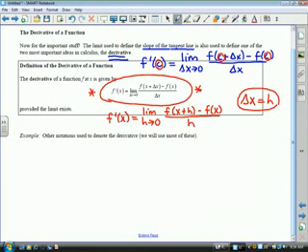So what are the symbols for the derivative? Okay, well, you might remember some of this from last year. One of them is f prime of x. That's one of the biggest ones that we'll use. dy dx is another one. Where do you think that comes from, dy dx? The slope.